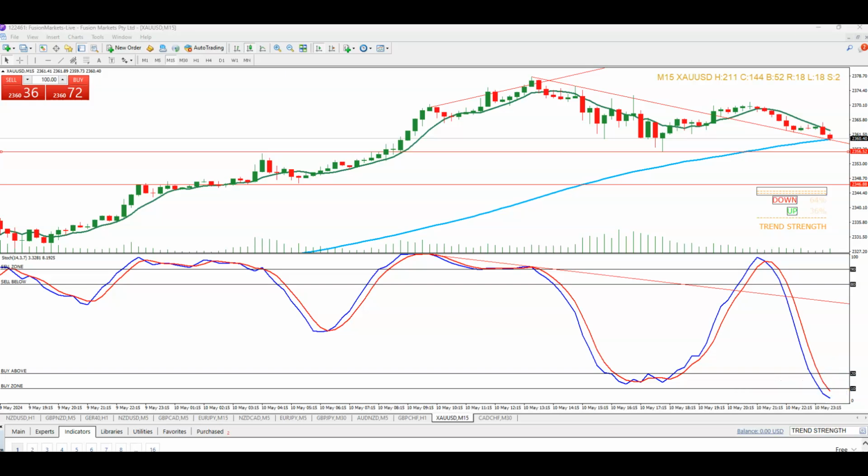So what has to happen before we get another buy? First of all, the price has to hold on to market structure from this previous swing low. And as long as it does, then we're going to see probably quite a big move here on gold. And so what we wait for now is for the price to move up into this area here, and the whole of the candle to finish green, of course, above the 7 moving average.